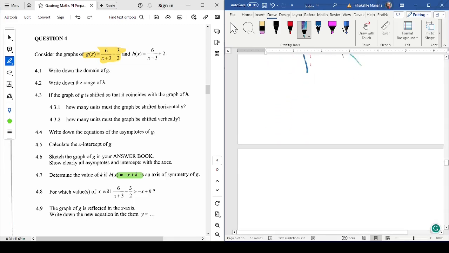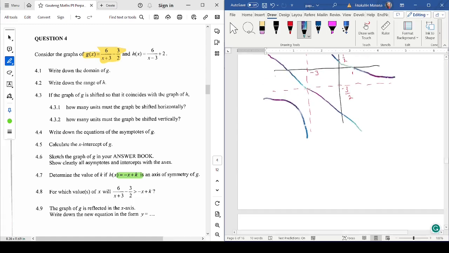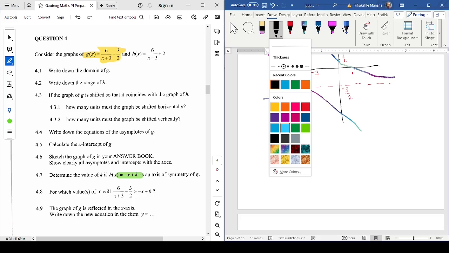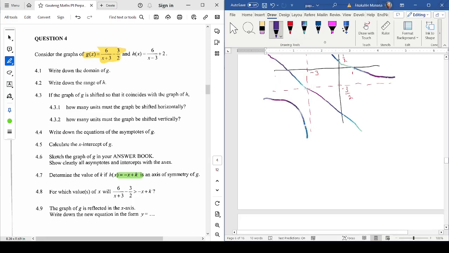So what we are going to do then is that we are actually going to solve it. We're going to say y is equals to, now this is for 4.7, y is equals to minus x plus k.